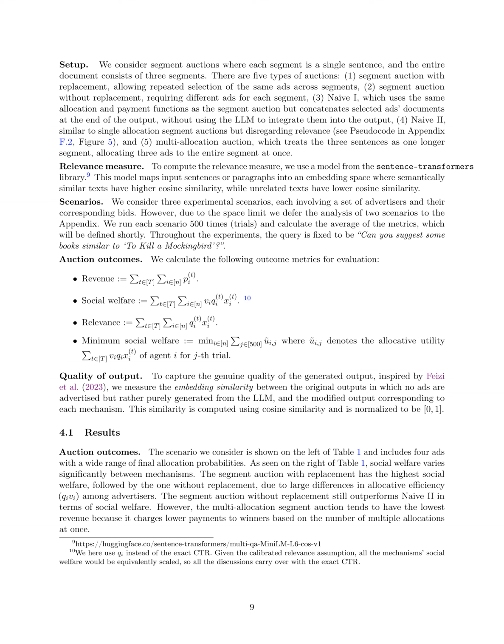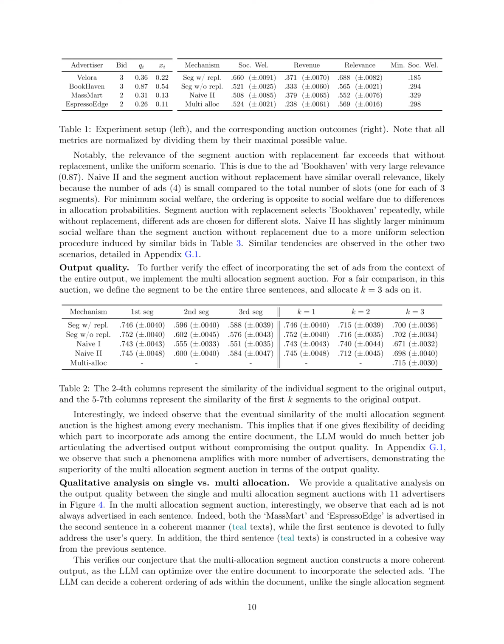However, the multi-allocation segment auction had the lowest revenue due to charging lower payments to winners based on multiple allocations at once. The relevance of the segment auction with replacement significantly exceeded that without replacement, particularly for the ad Bookhaven with high relevance. Naive 2 and the segment auction without replacement had similar overall relevance.